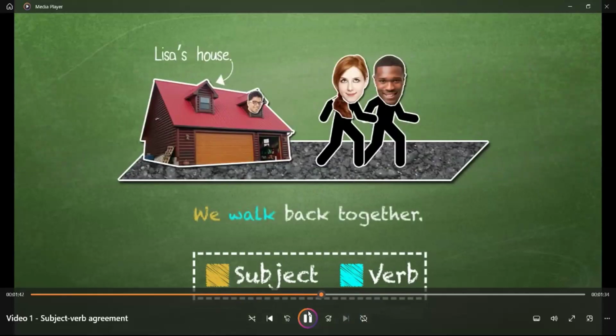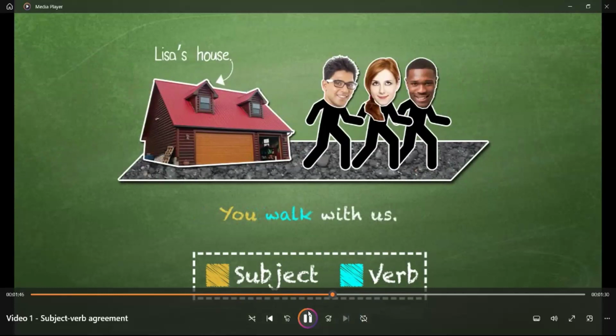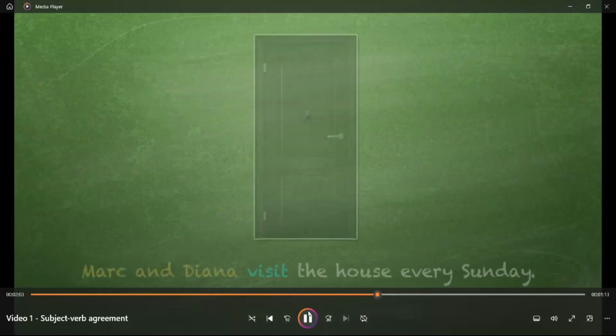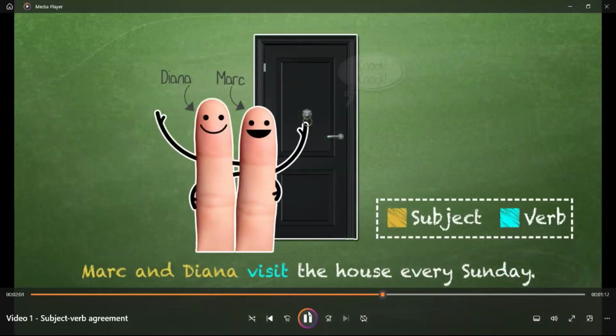We walk back together. You walk with us. Two singular nouns or pronouns joined by and create a plural subject and need a plural verb. Example: Mark and Diana visit the house every Sunday.